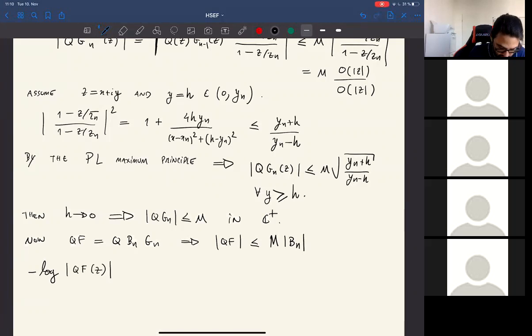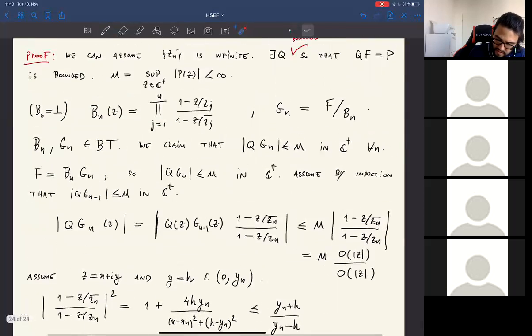Take the minus log. So this would be greater or equal. When you take the minus log here, on the right hand side I just reverse, take 1 over b, which would just reverse these guys here.